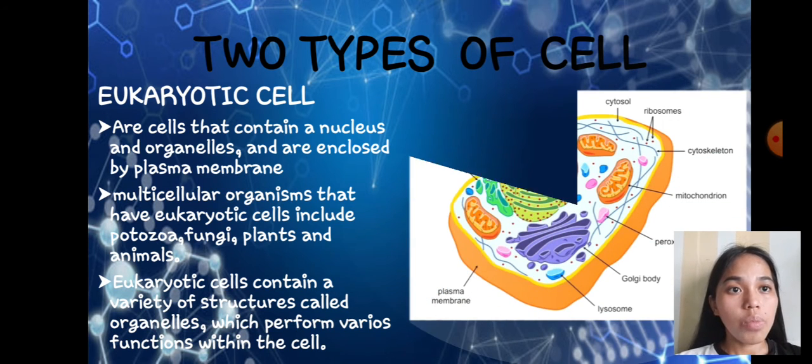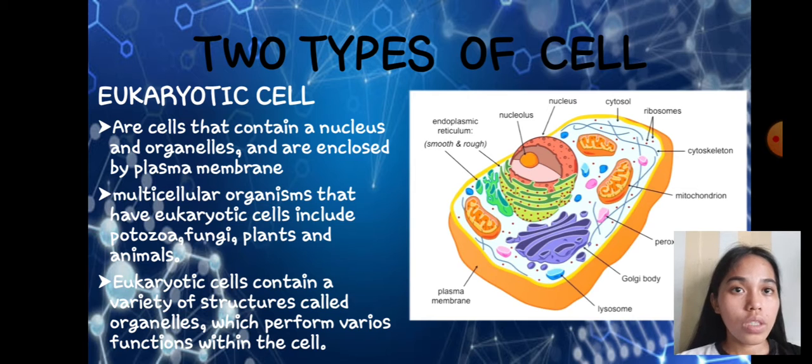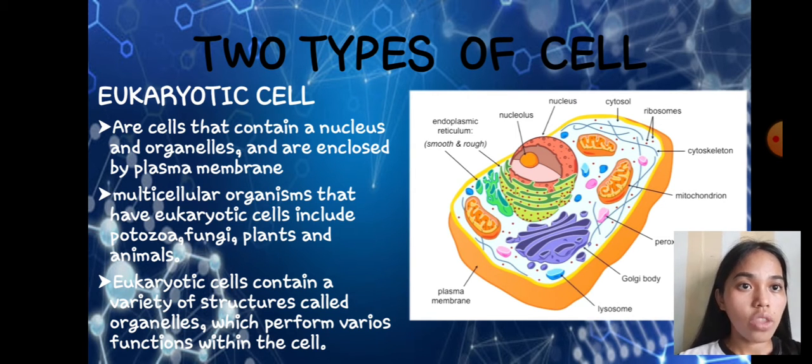This is an example of a eukaryotic cell. As you can see, they have a nucleus, endoplasmic reticulum, smooth and rough, plasma membrane, lysosome, Golgi body, mitochondrion, cytoskeleton, ribosomes, and cytosol.